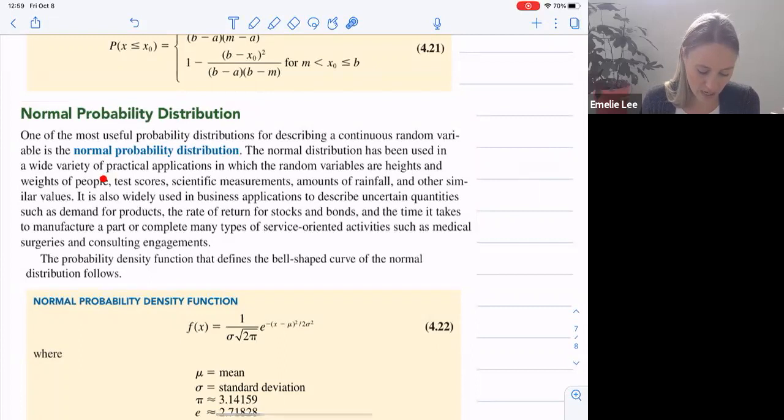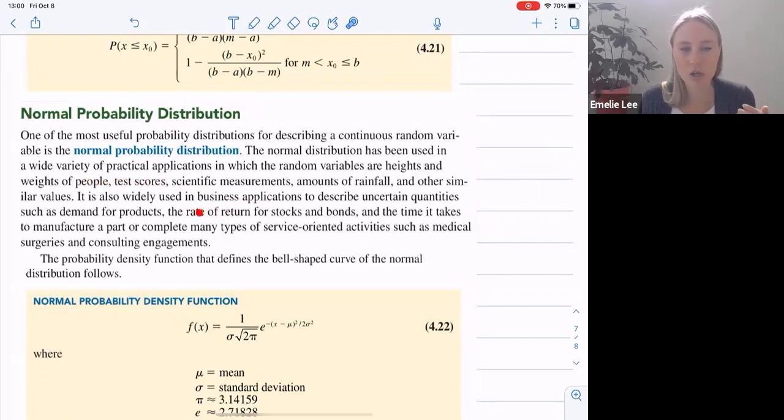And so you can use it in a number of outcomes, whether we're talking about heights or weights or test scores or measurements, rainfall. Usually money tends to be a little bit skewed, but you could probably approximate it with a normal distribution depending on the situation.